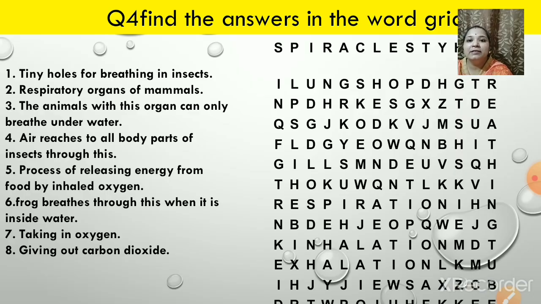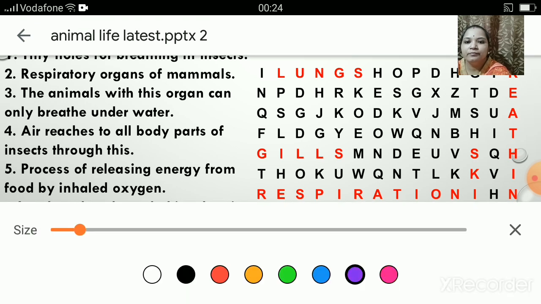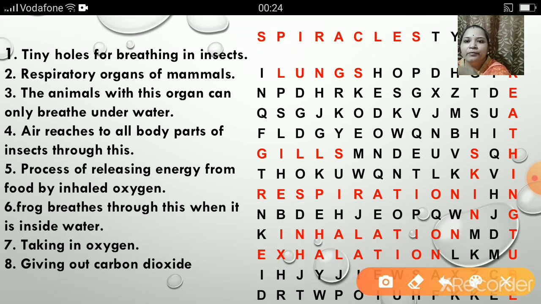Find the answers in the word grid. Now, the first one, tiny holes for breathing in insects. So, they are spiracles. Next one, respiratory organs of mammals. What are they?